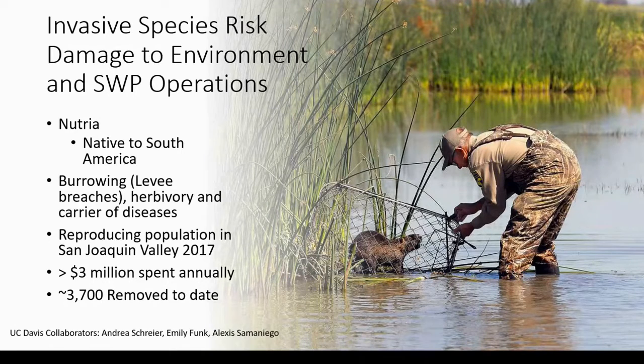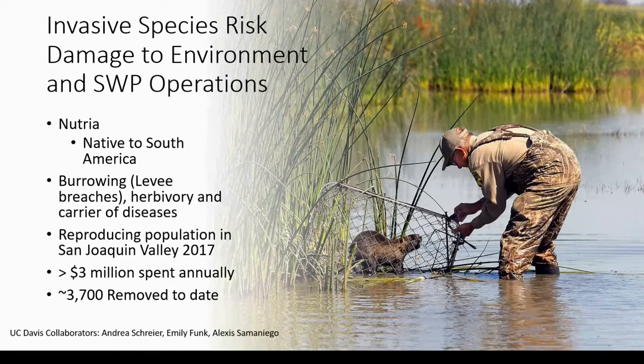There was a reproducing population in the San Joaquin Valley as of 2017. About 3 million is spent annually on trying to eradicate and manage nutria. To date, I think there's about 3,700 that have been removed. I'm sure that number has increased.